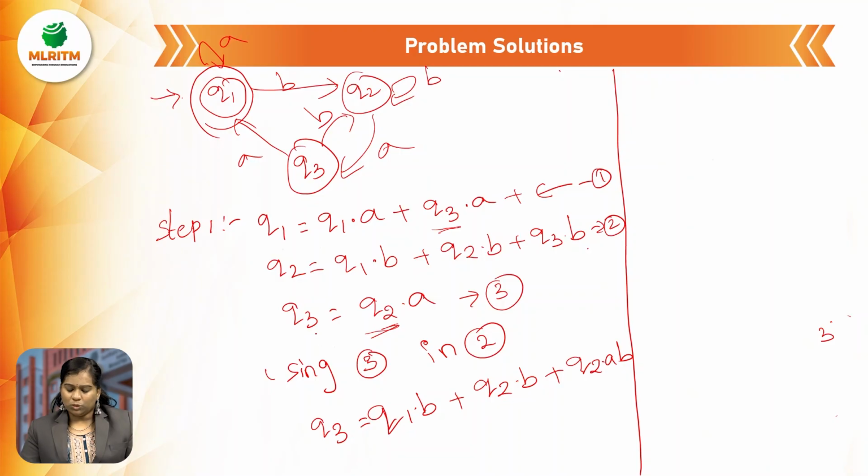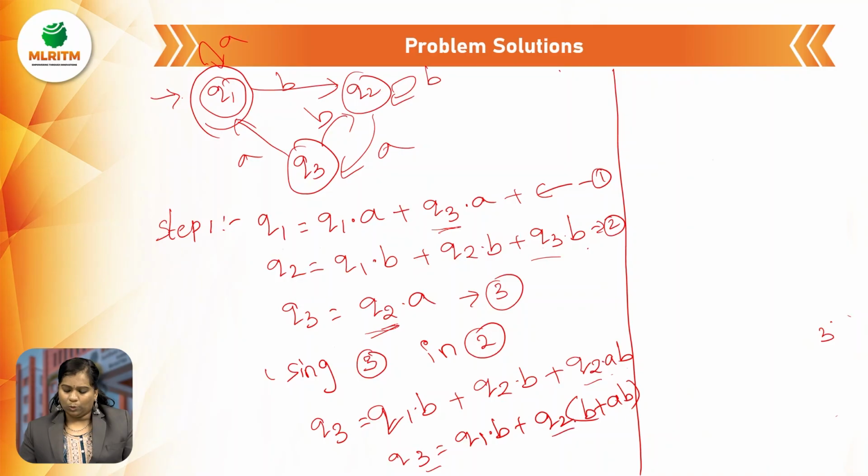Here we substituted Q3 with Q2 dot A, giving Q2 dot AB. So here Q2 is equal to Q1 dot B plus Q2, taking Q2 common, B plus AB.